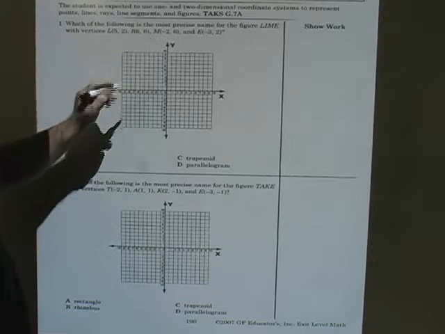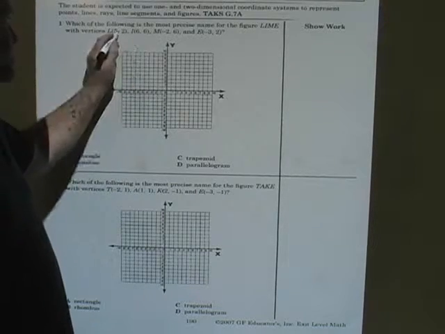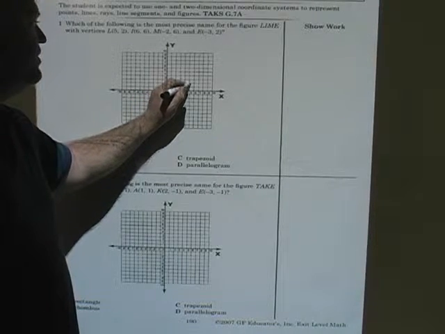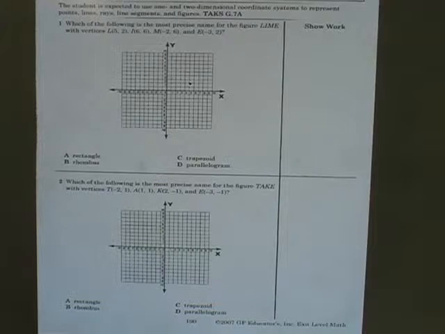Which of the following is the most precise name for the figure LIME with these vertices? Okay, so I'm going to graph these ordered pairs that they're giving us. 5, 2, and on these graphs, make sure you count your lines.